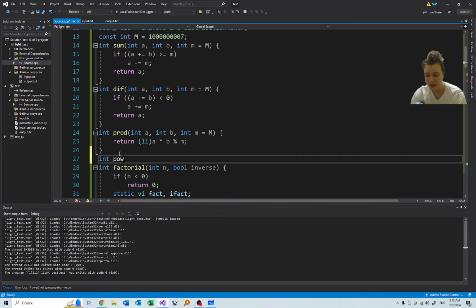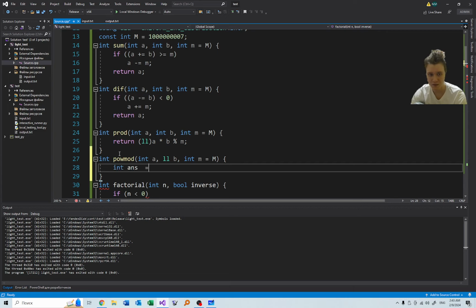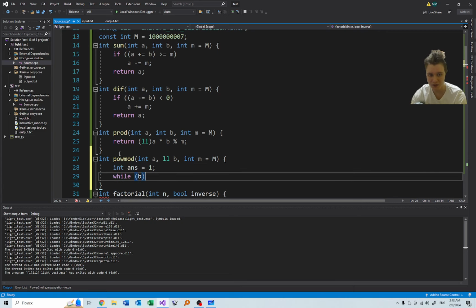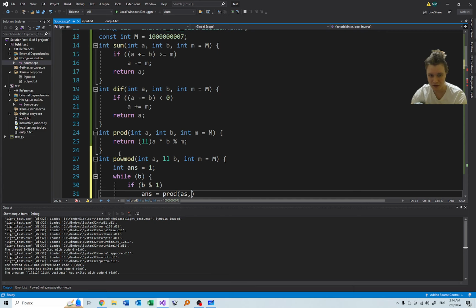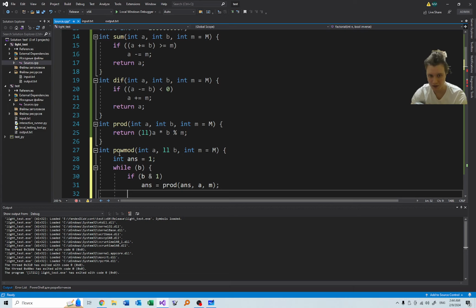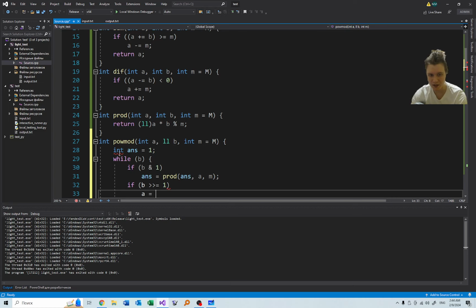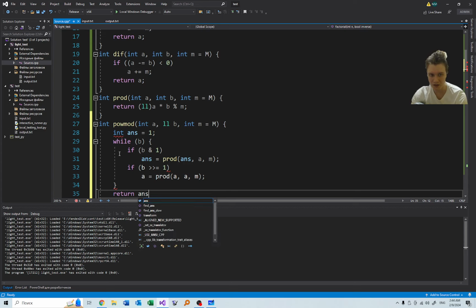For this I need to write the function power mod. So int ans equals 1, and while b, if b and 1, ans is prod of ans and a mod m, b divided by 2, a is prod of a and a mod m, then return ans.